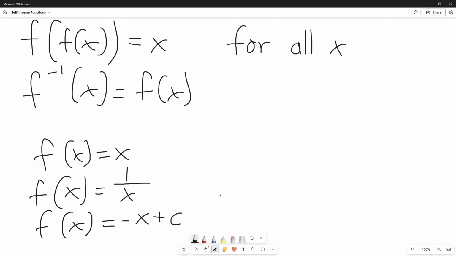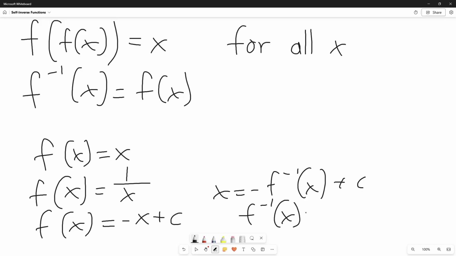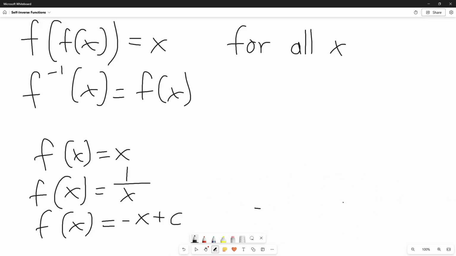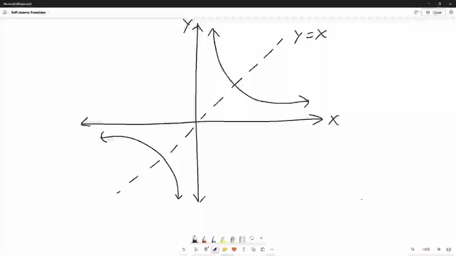And then we check f inverse, so x equals negative f inverse of x plus c, and if you move things around, you get f inverse of x equals negative x plus c, which is f of x. So that also meets both requirements, meaning that all three of these functions are self-inverse, and I just showed you how to prove that they are.